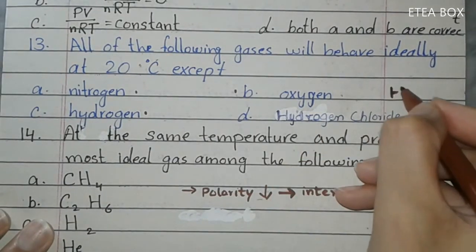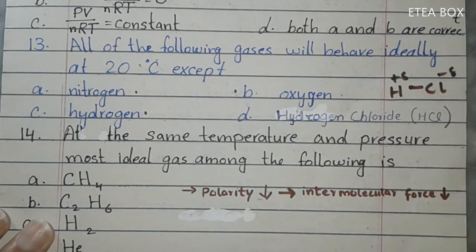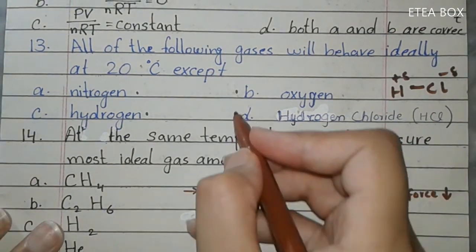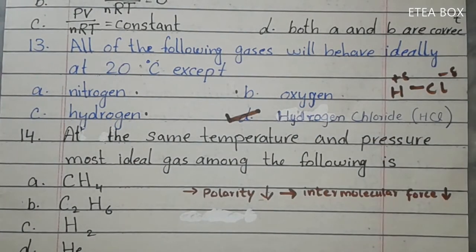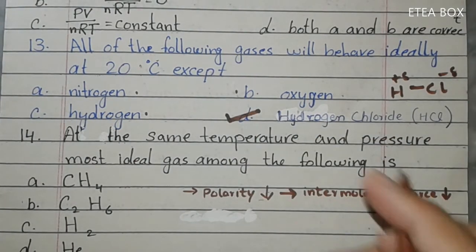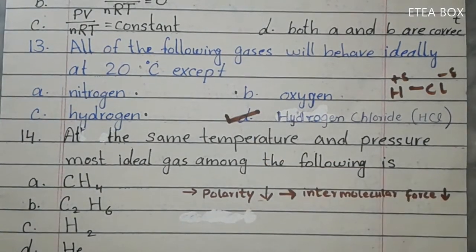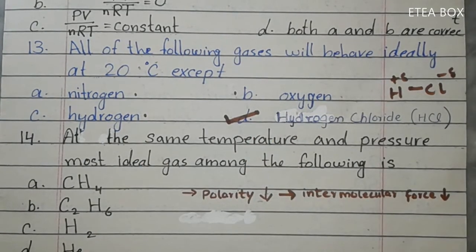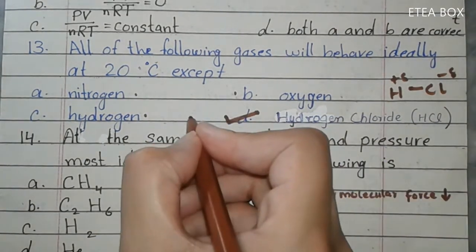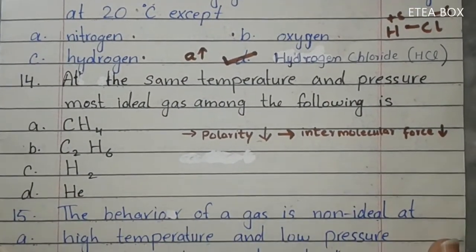We know that hydrogen chloride has partial positive here and partial negative here, so polarity is found. So it will not behave ideally. Non-polar gases behave ideally, polar gases do not. So the correct answer is hydrogen chloride, because it is polar and will behave as a real gas.